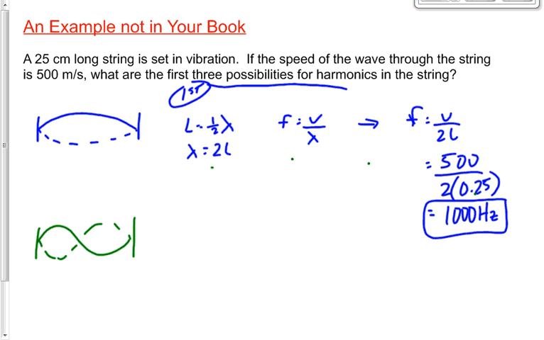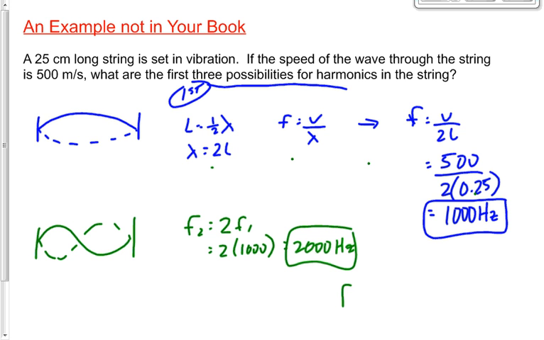Is there a shortcut though? Isn't the second harmonic twice the first one? What would the third one be? Does that make sense?